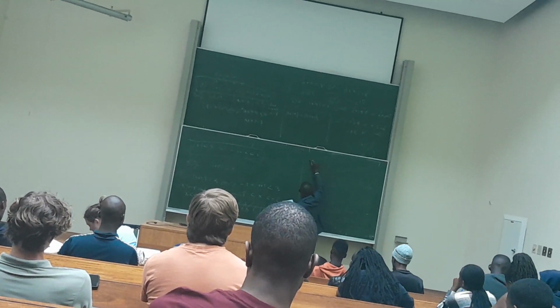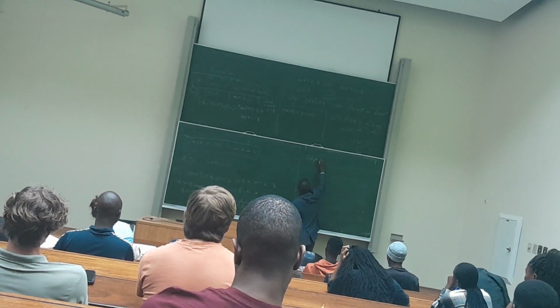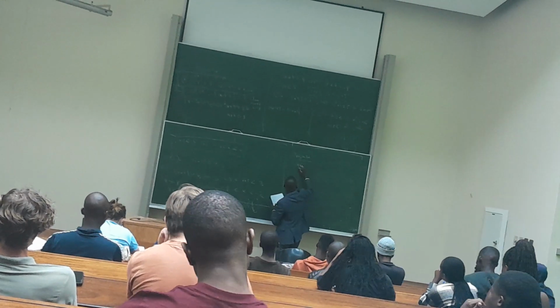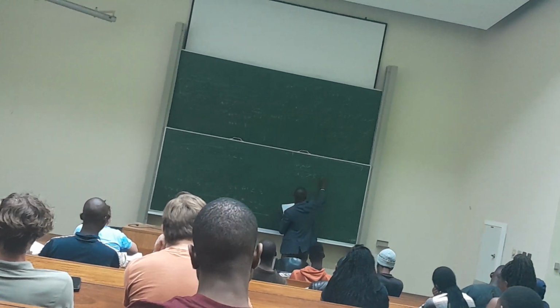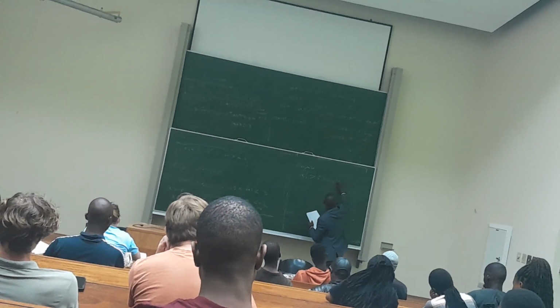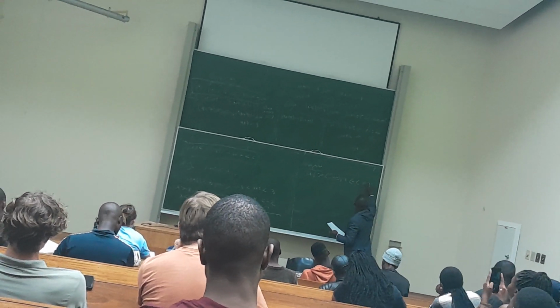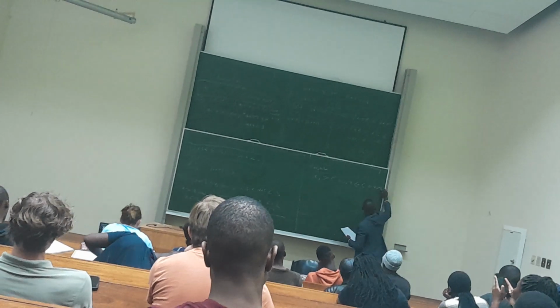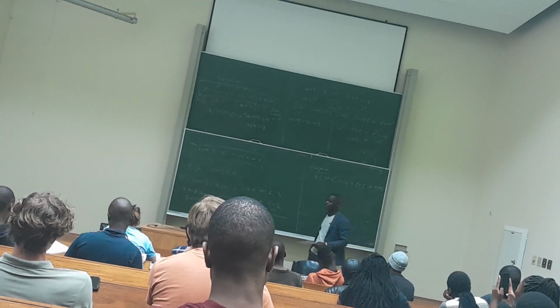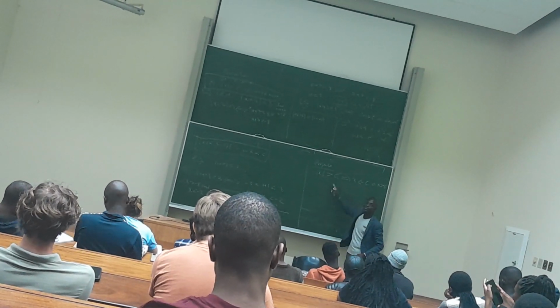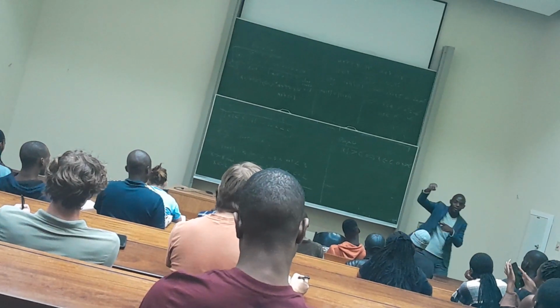So if you have the absolute value of x greater than c, if and only if x is less than minus c or x is greater than c. Here one is greater, but the other is less.